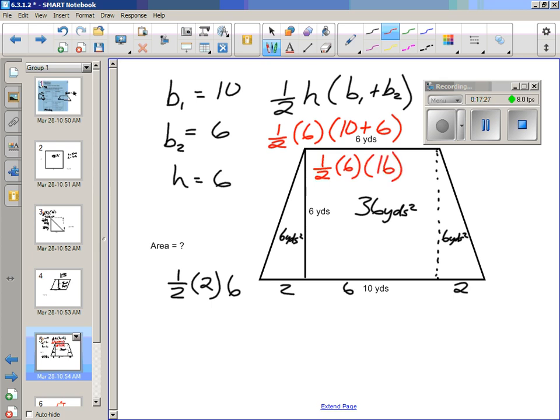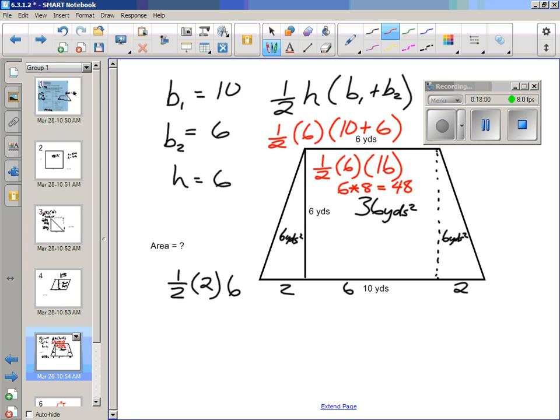Now, because it's all multiplication, we can multiply in any order. And what I would do, instead of combining 6 and 16, let's make the number smaller. Let's take half of the biggest number. What's half of 16? 8. So it essentially is 6 times 8, which is 48, and we get the exact same thing as we got before. Okay? So you can either break this into smaller parts, or you can use this formula.